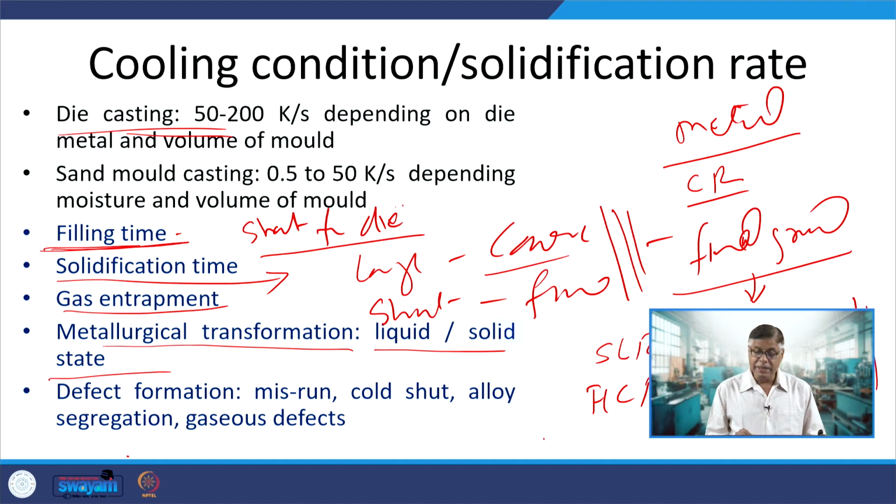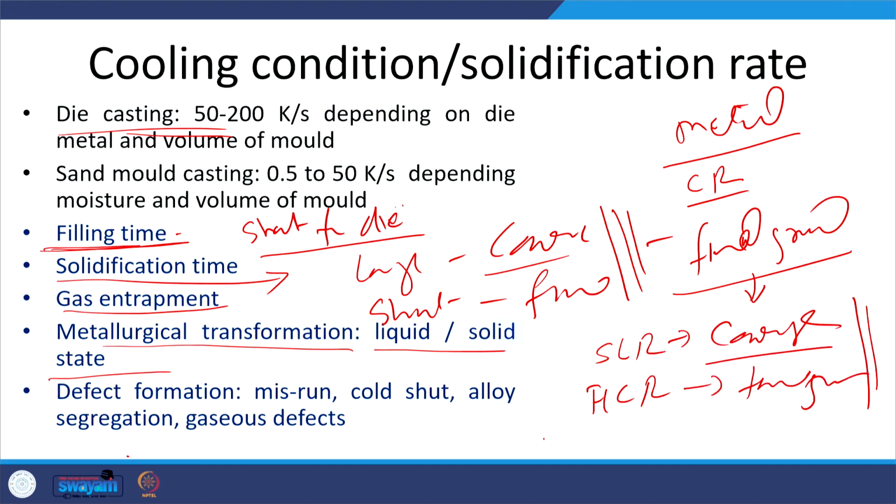But if there is a solid state transformation in terms of the phases, like in most of the ferrous metals, then initially there will be austenite, and then it will transform as per the cooling rate being experienced. It will form either coarse pearlite, fine pearlite, bainite, martensite and pearlite, or only martensite. All that will depend upon the kind of cooling rate which is being imposed.